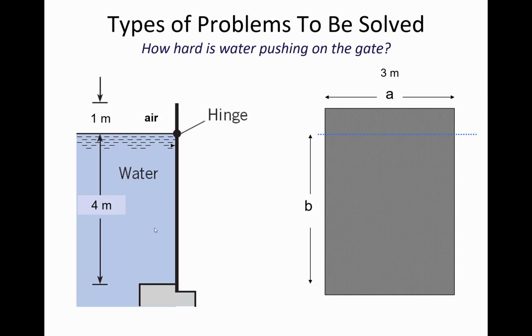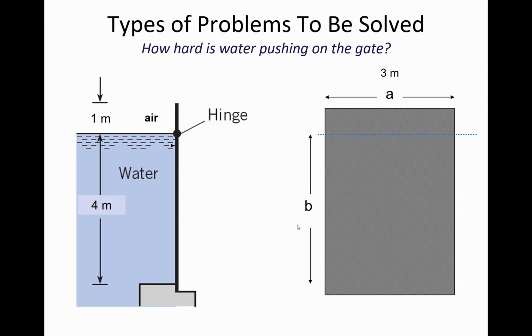We don't necessarily know when we're looking at the gate from the side how wide it is. But now we can see with this front view that the width of the gate is 3 meters. So even though the gate's physical height is 5 meters, it's only the depth underneath the water line that is interesting to us and that we assign to B.